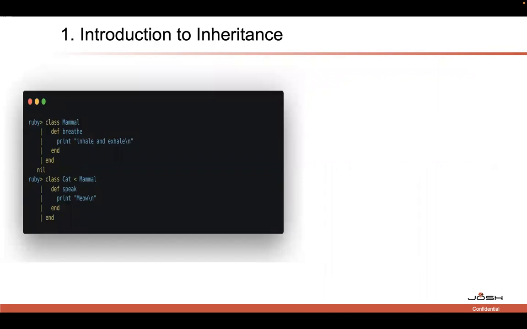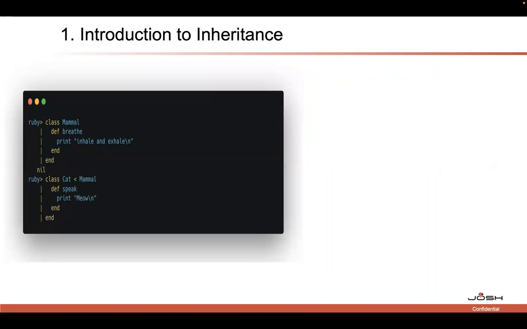Here you can see we have the same classes as in the previous slide. You have a Mammal class, and in the Mammal class you have a method called breathe. Again, you have a Cat class, and in the Cat class you have a method called speak, and the Cat class is inherited from the Mammal class.